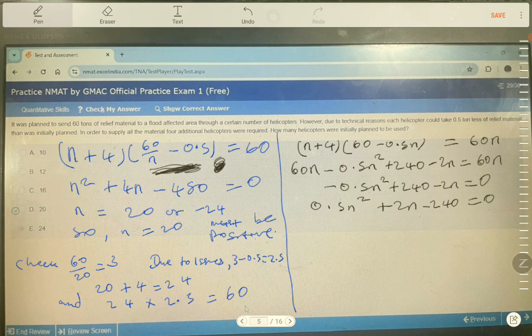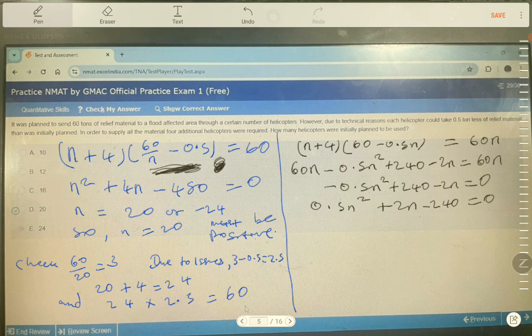Remember, n times 60 is 60n, and n times 0.5n is 0.5n squared. 4 times 60 is 240. 4 times minus 0.5n is minus 2n. Then collect like terms. 60n, we cancel 60n. So we are left with minus 0.5n squared plus 240 minus 2n equals 0.